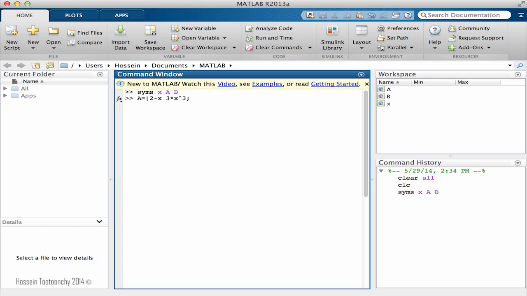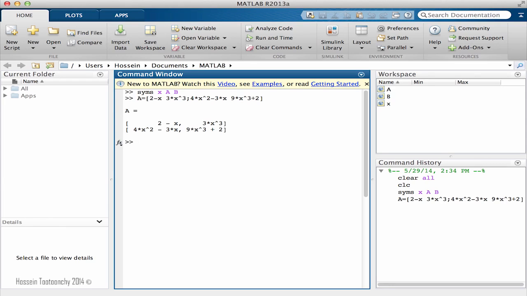And for the second row, let's go with 4x squared minus 3x and 9x squared plus 9x squared and plus 2. So this is going to be matrix A. And if you look closely, you see that MATLAB shows the symbolic matrices differently than what we learned, and also commas are used in order to separate elements.